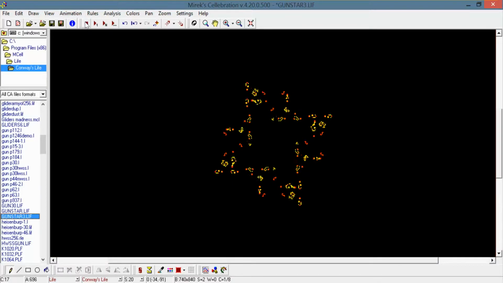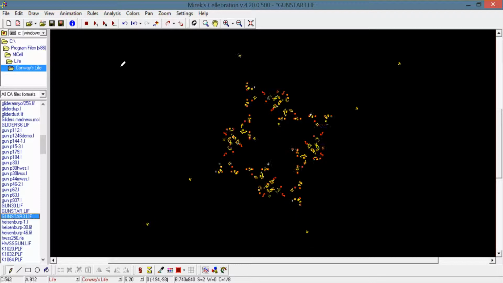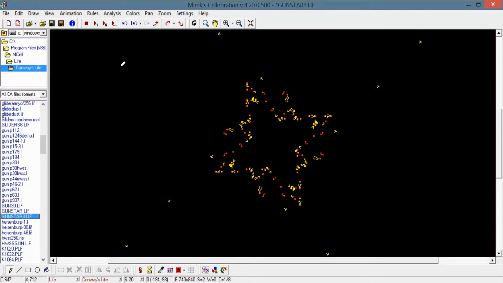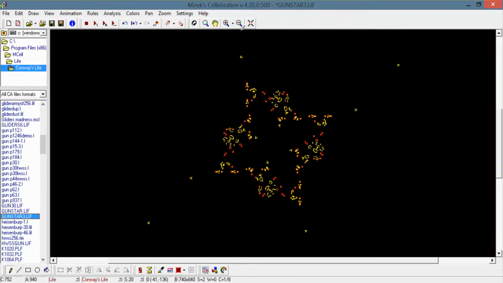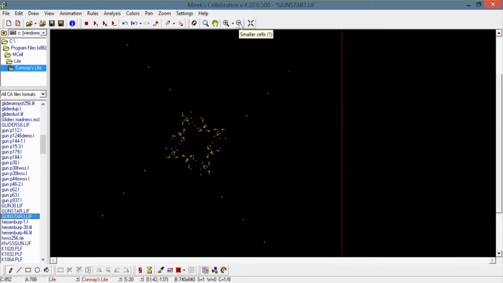And run it. So we can see this one is also sending out gliders. Certainly ordered behavior from what didn't look very ordered at the beginning.